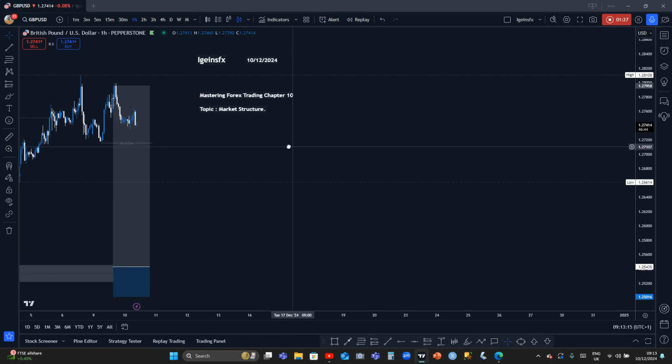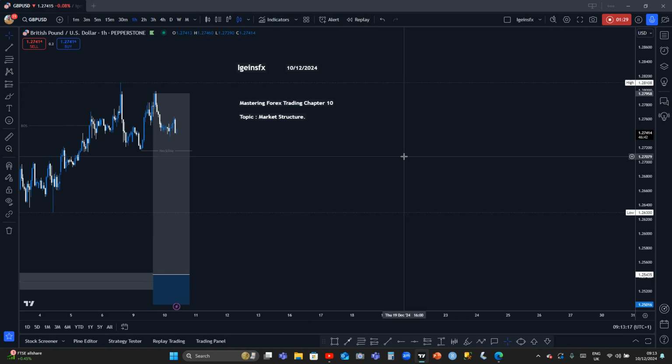So when we say market structure, we are simply saying the framework, the general details, the attitude of buyers and sellers in the market, their activities, what is happening between buyers and the sellers. If the buyers are more, the structure will change. If the sellers are more, the structure will change. So if the buyers are more, it will become bullish. If the sellers are more, it will become bearish.